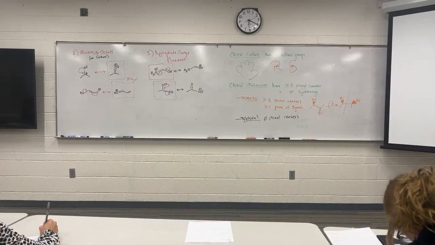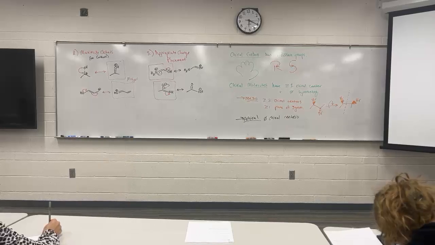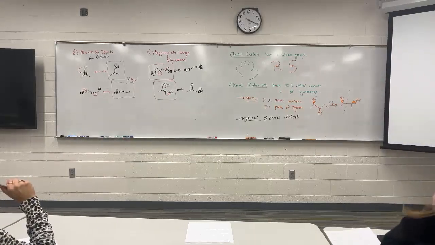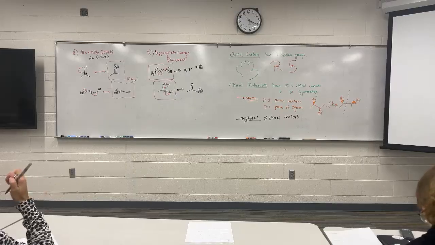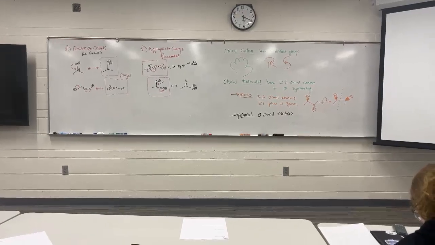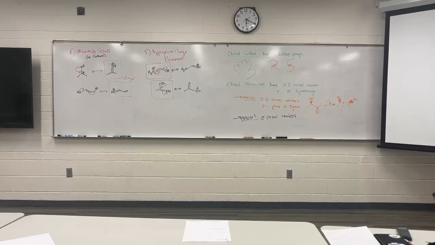Good? Let me ask you this. Do you need to know the absolute configuration of a chiral center to know that it is chiral? No. Do you need to know the wedge or dash to be able to determine whether it's R or S?